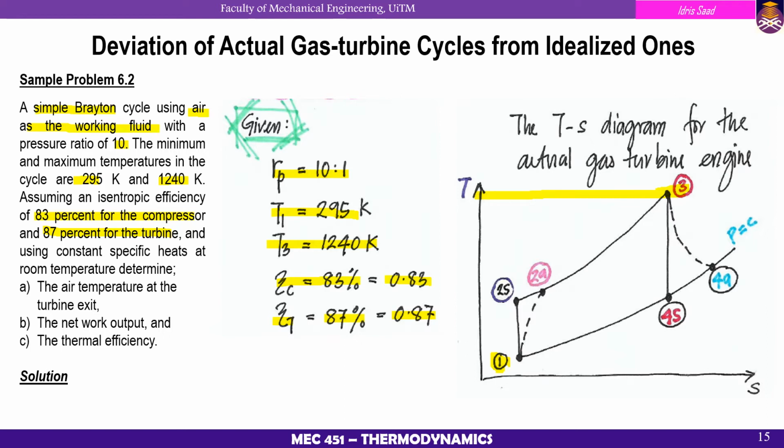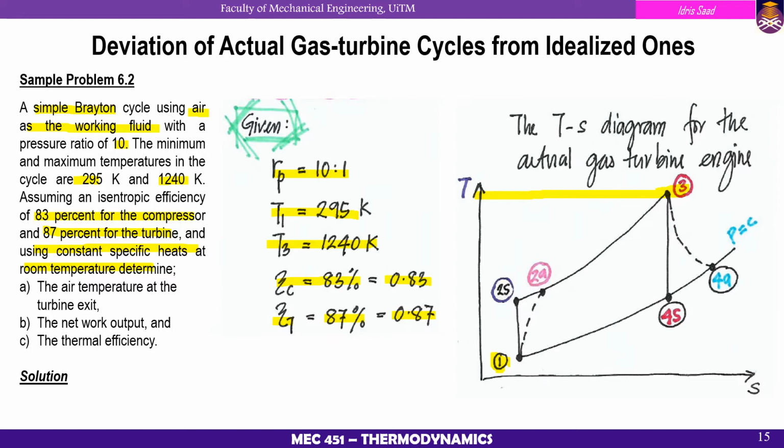Using constant specific heat at room temperature, please do remember, Cp is equal to 1.005 kilojoule per kilogram Kelvin, Cv is equal to 0.718 kilojoule per kilogram Kelvin, k is equal to 1.4, and R is equal to 0.287 kilojoule per kilogram Kelvin.